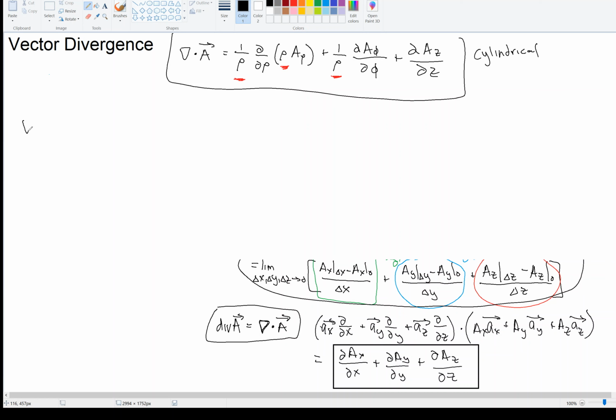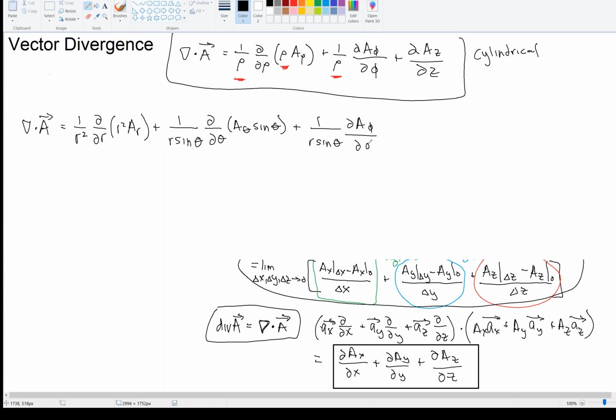And we can have the divergence of a vector field in spherical coordinates, so that would be 1 over r squared partial of r squared times Ar plus 1 over r sine theta times the partial with respect to theta of A theta sine theta plus 1 over r sine theta, the partial of A phi with respect to phi.